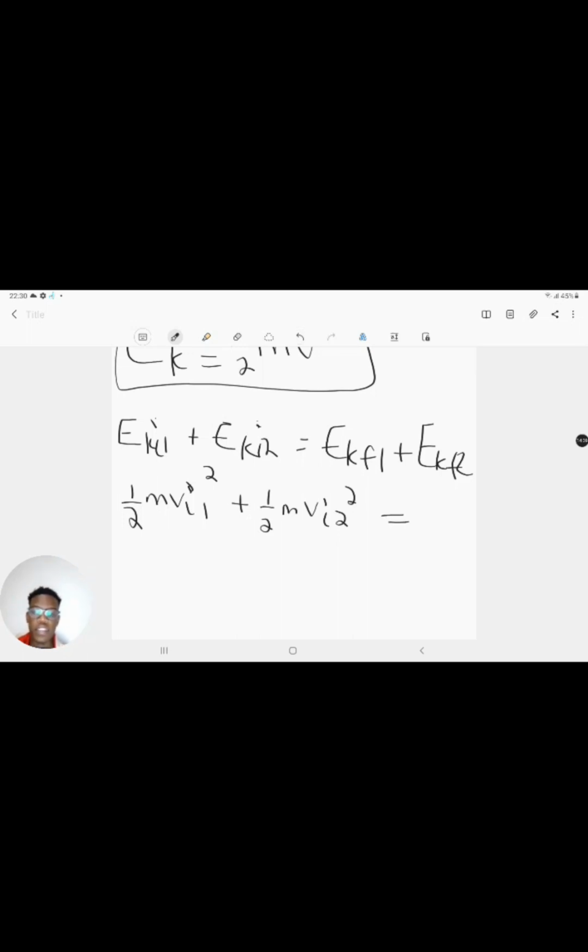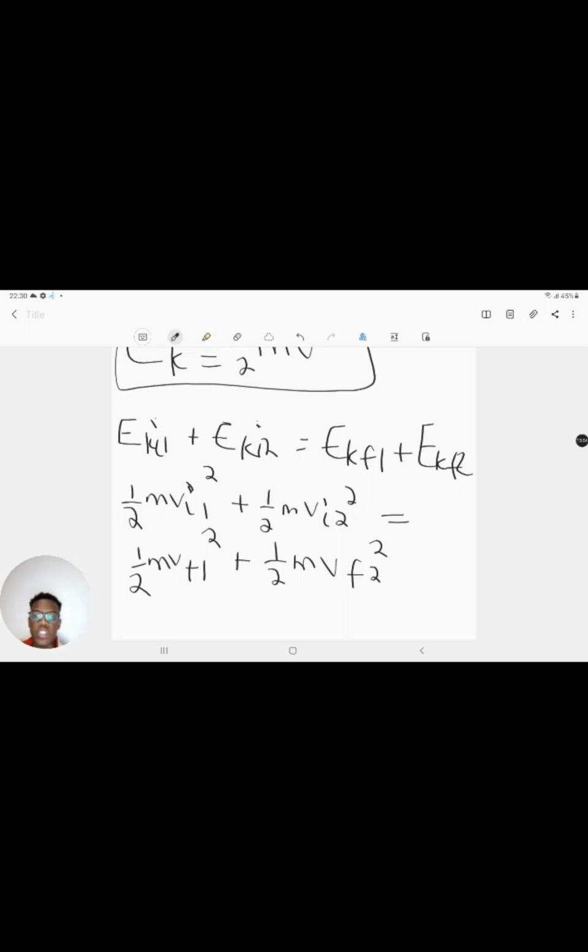All of that is equal to half m for ball number 1, VF, the final velocity for ball number 1 squared, do not forget the squared, plus half m for ball number 2, the final velocity for ball number 2 squared.